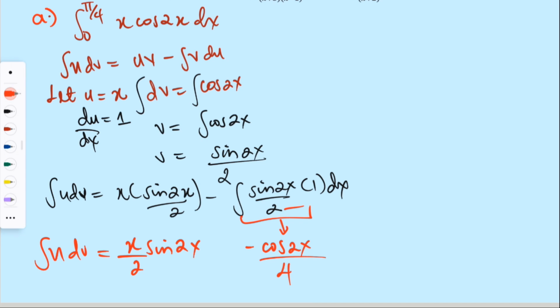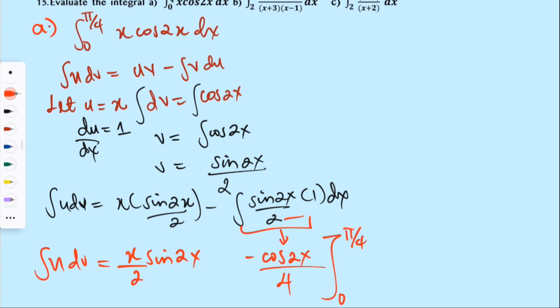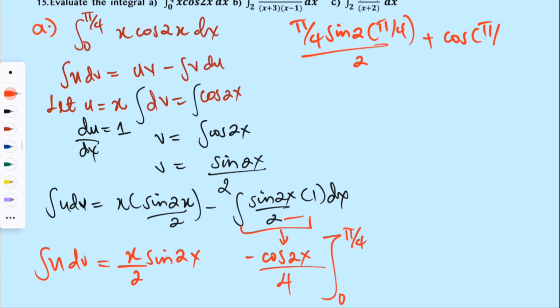Keep in mind we are integrating on the interval 0 to pi over 4, so I substitute each of them into the equation. Wherever we see x, we put pi over 4, so pi over 4 sine of 2 times pi over 4, over 2, plus cos of 2 times pi over 4, over 4, that's the first value, minus the second value.